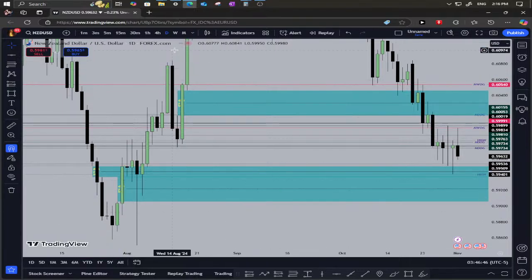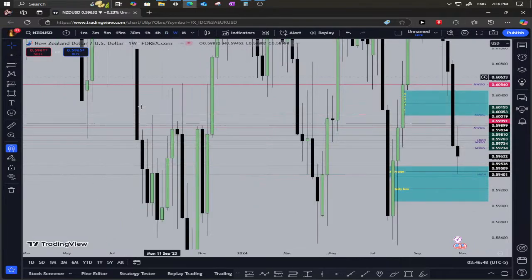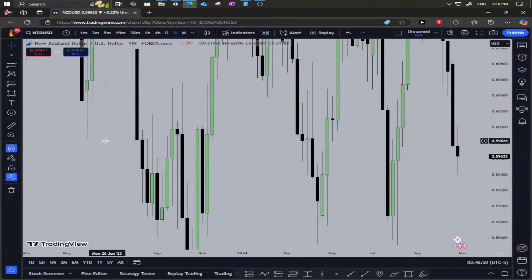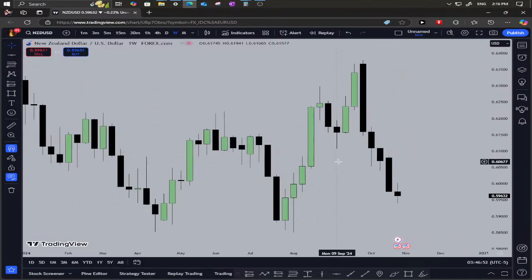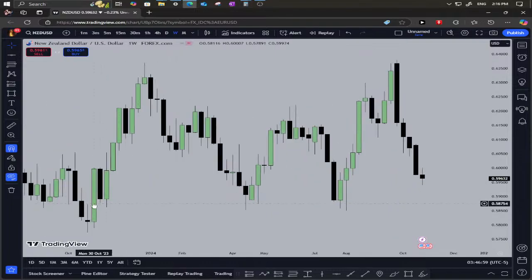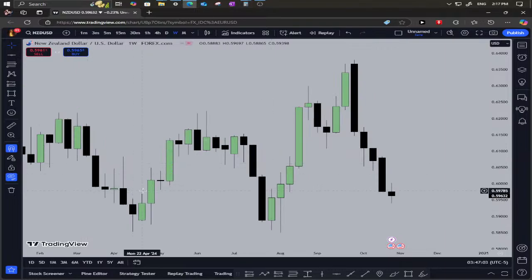Okay, and if I go to the weekly chart, we have a small imbalance over here and a small imbalance over here. So you can use this level also in the weekly.